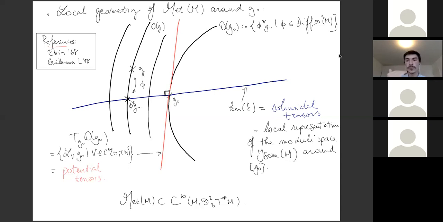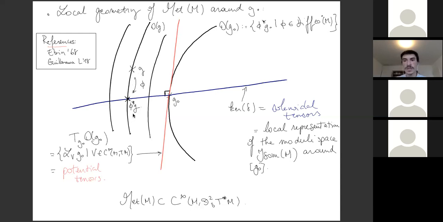What is even more important is that this blue space is transverse to the orbit of G0 under the action of the group of diffeomorphisms, and it's also the case for all the orbits in a neighborhood of G0.